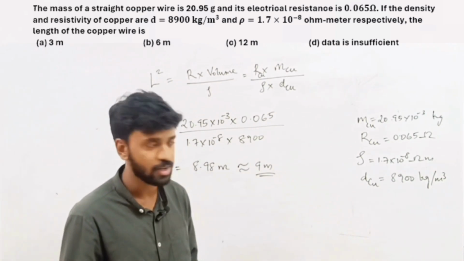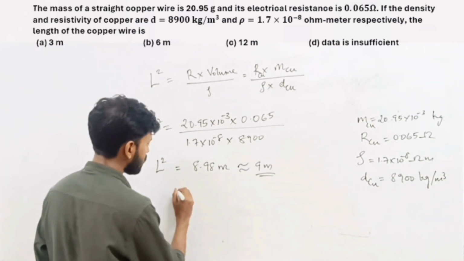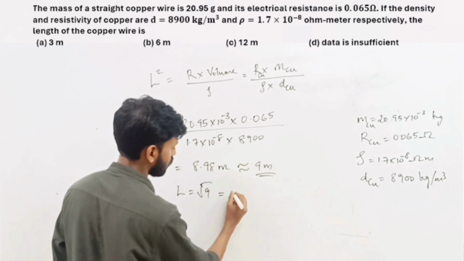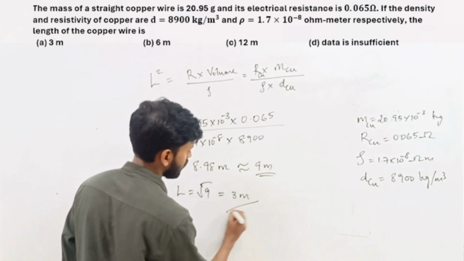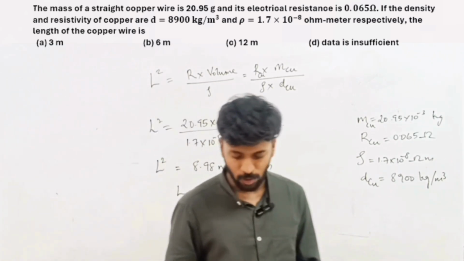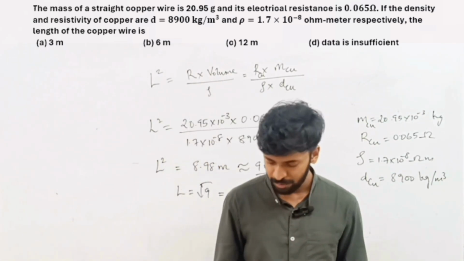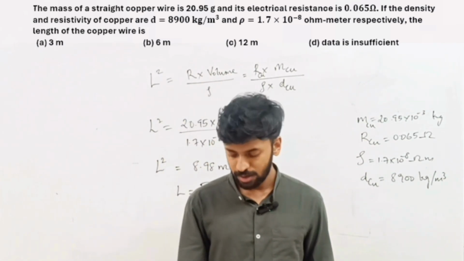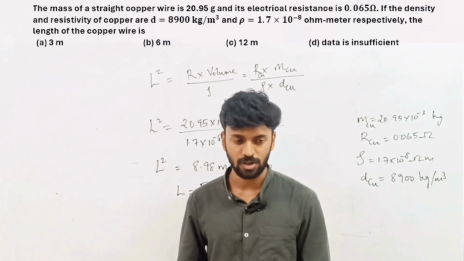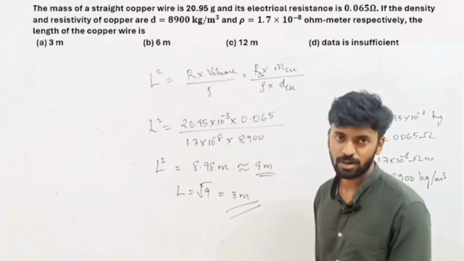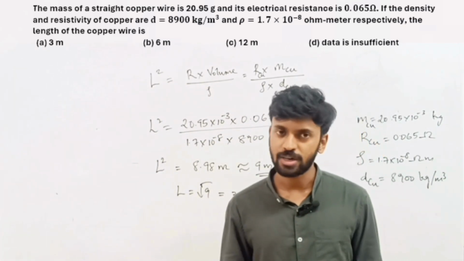Hence L will be equal to root of 9, which is 3 meter. That is the answer. We have four options: option A is 3 meter, option B is 6 meter, option C is 12 meter, and option D is data is insufficient. We have sufficient data and we have already solved the numerical. So the correct option is option A, 3 meter.